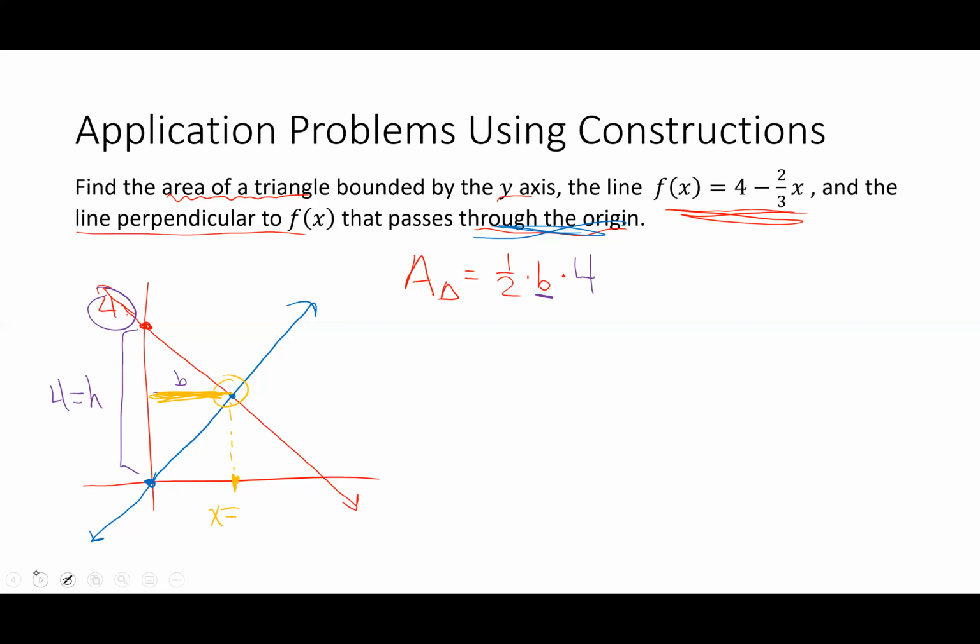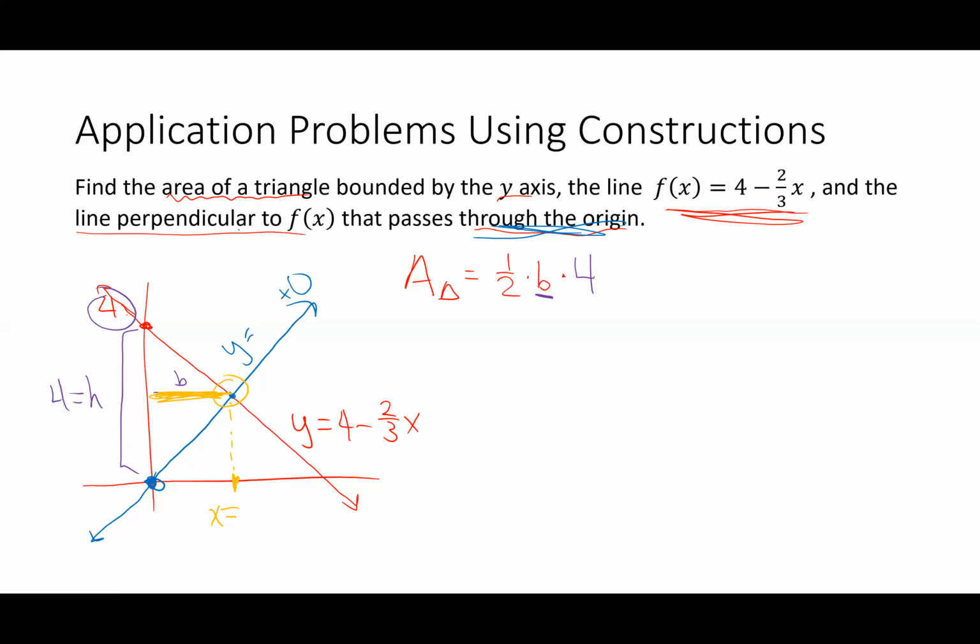Now here's what's really tricky. How can I find the point of intersection of two lines when I don't even know the equation of the other line? I don't know the equation of this line, but I do kind of. It's passing through the origin, so I know the y-intercept is b equals 0.